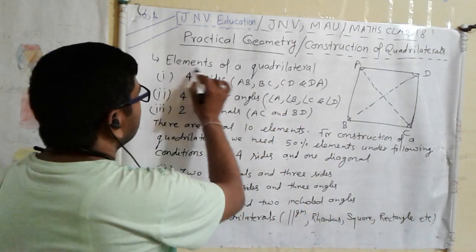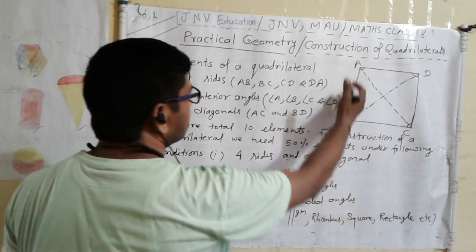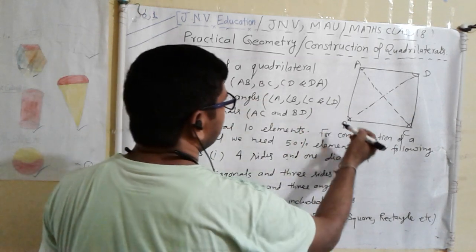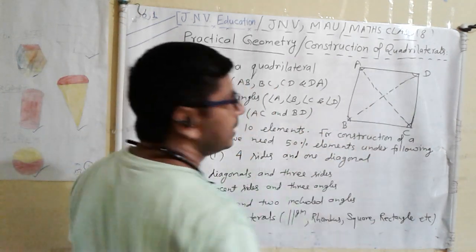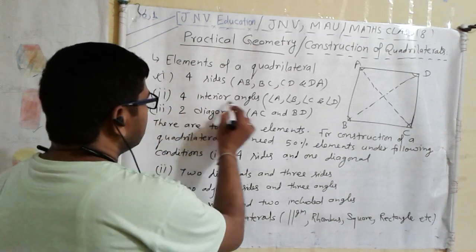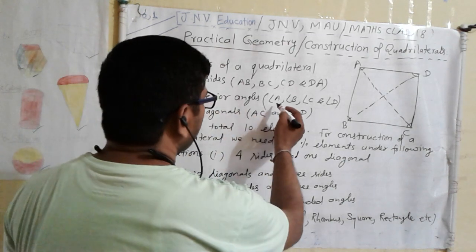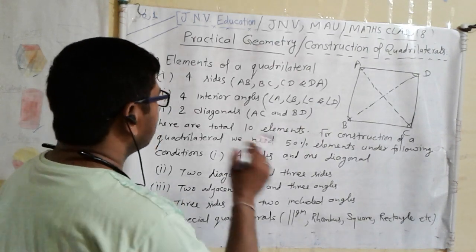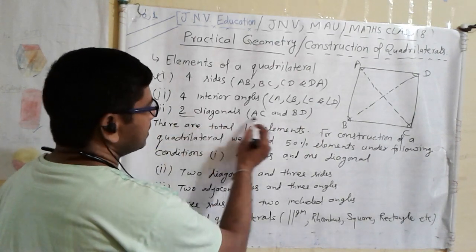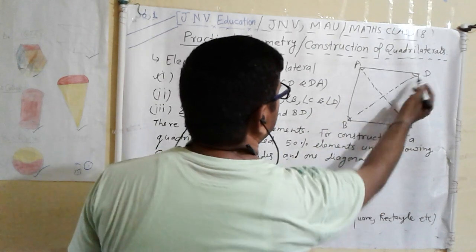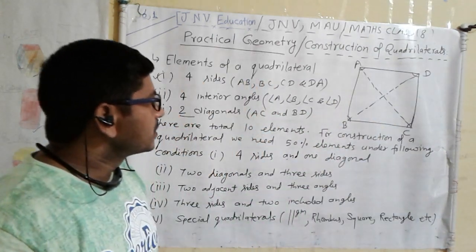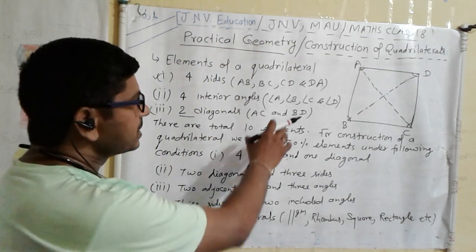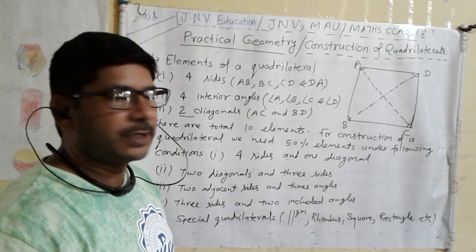In this quadrilateral you know four sides like AB, BC, CD and DA, and four interior angles, angle A, angle B, angle C and angle D. Along with that there are two diagonals, AC and BD. So there are total 10 elements.